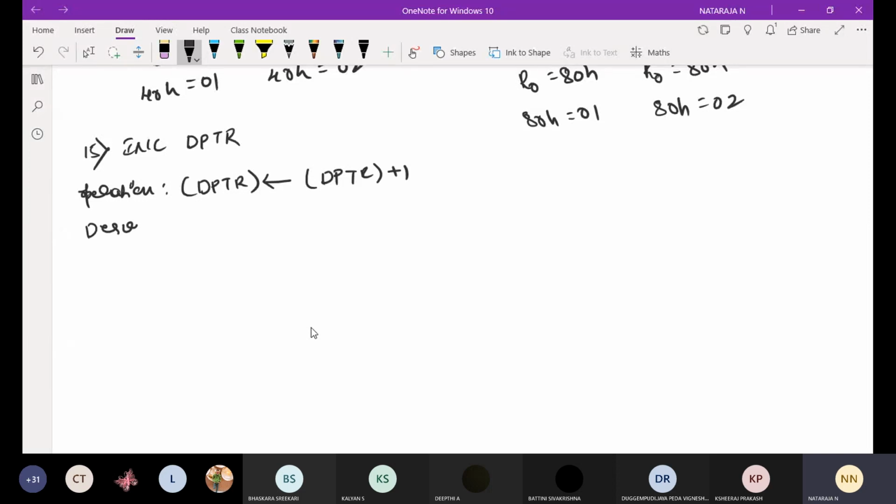Make a note of the description. This instruction increments the 16-bit register content of DPTR by 1.